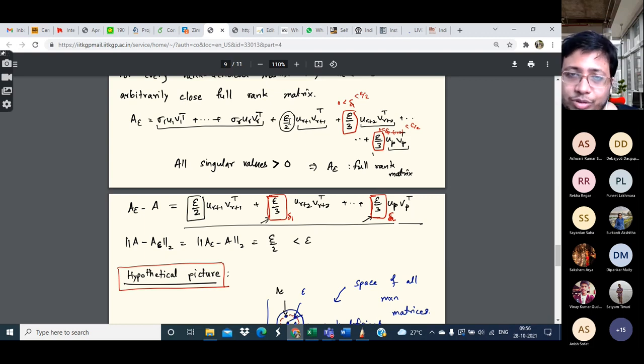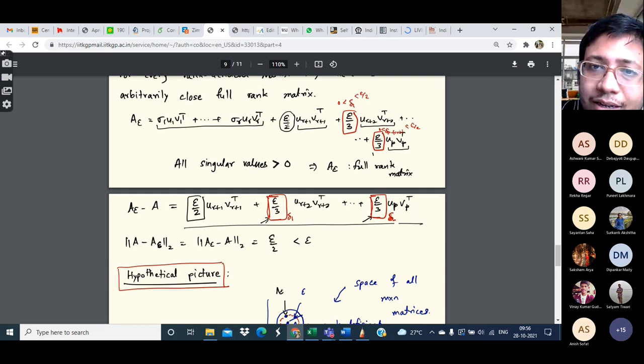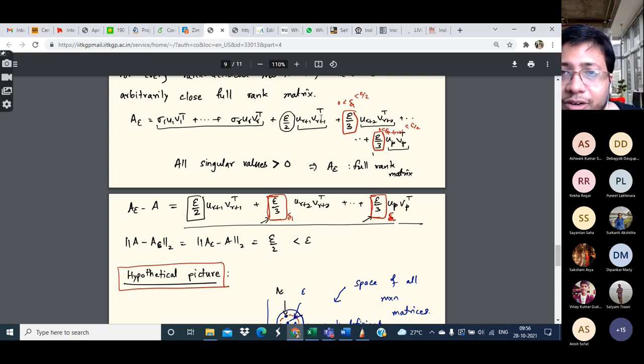And so clearly these terms define a matrix whose left singular vectors are u_{r+1}, u_{r+2} up to u_p. Its right singular vectors are v_{r+1}, v_{r+2} up to v_p.